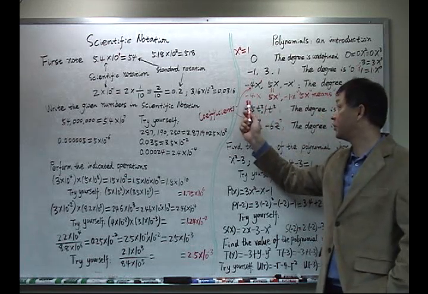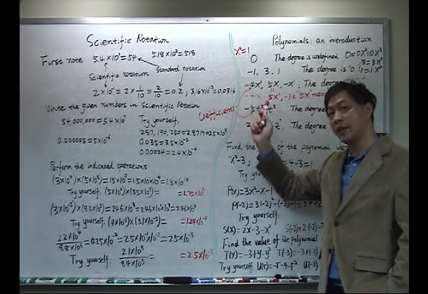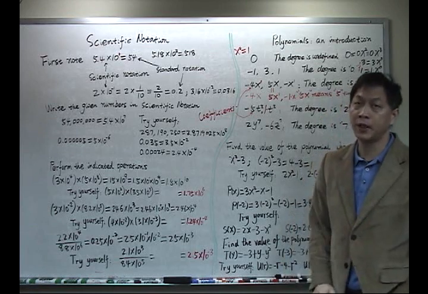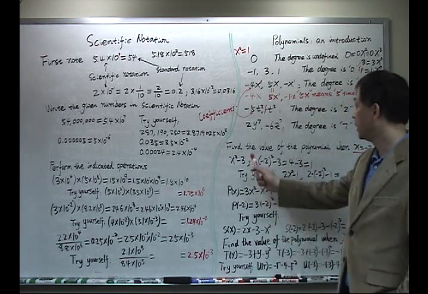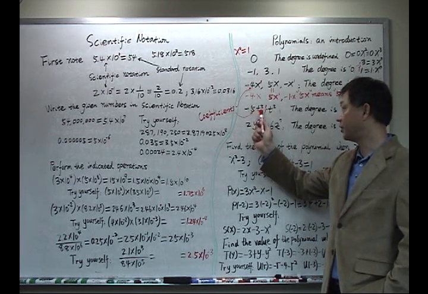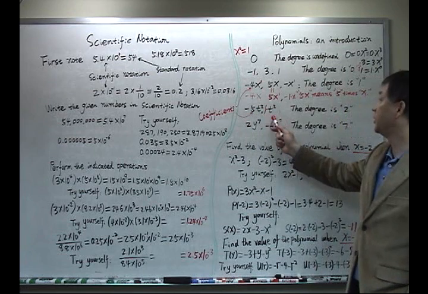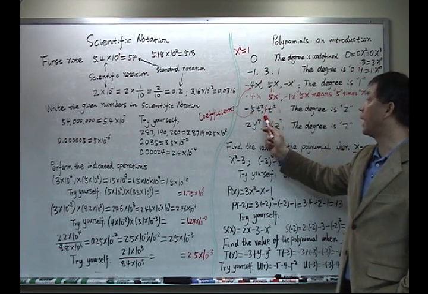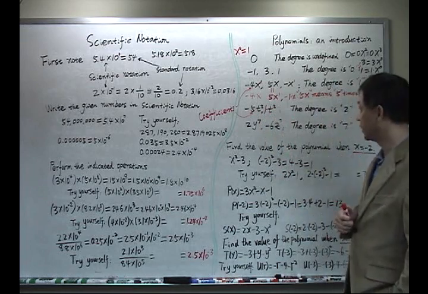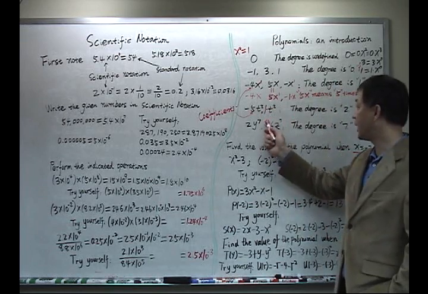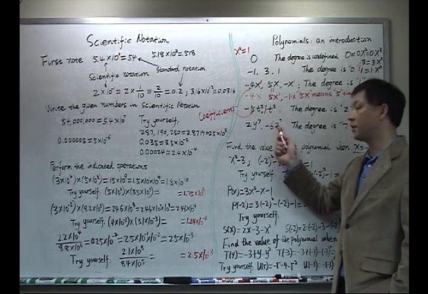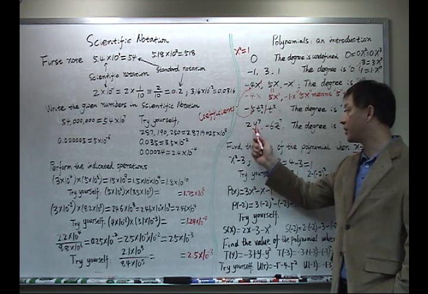Negative 4x means negative 4 times x. Remember, it's multiplication, not addition. Here, negative 5t squared means negative 5 times t squared. And for t squared, the coefficient is 1 because 1 times t squared is t squared. Here, the coefficient is negative 6, meaning negative 6 times z to the 7th. Here it is 2 times y to the 7th.